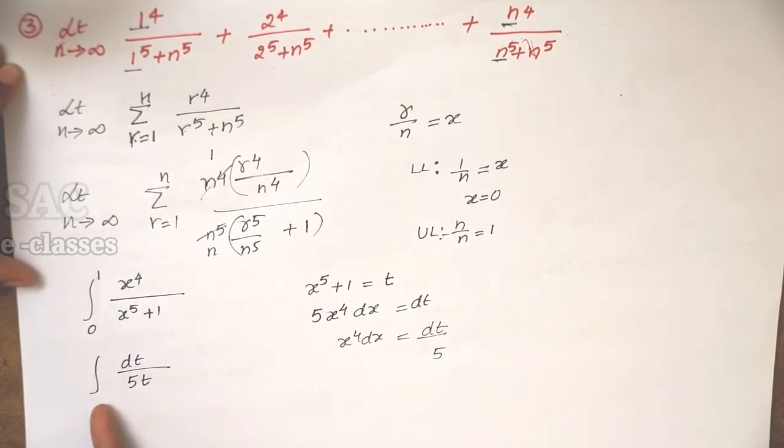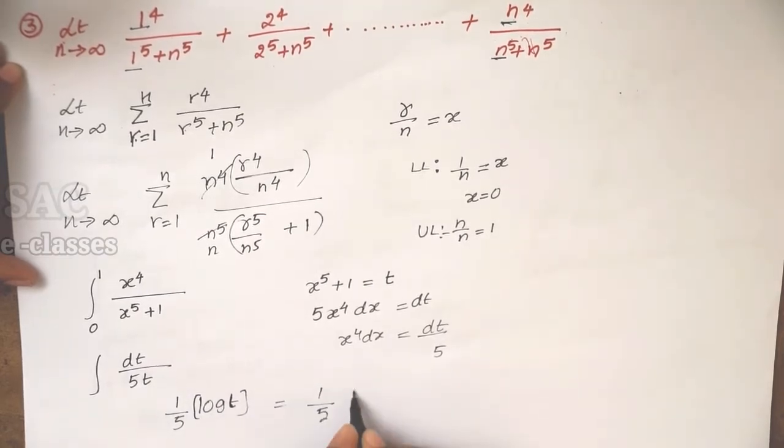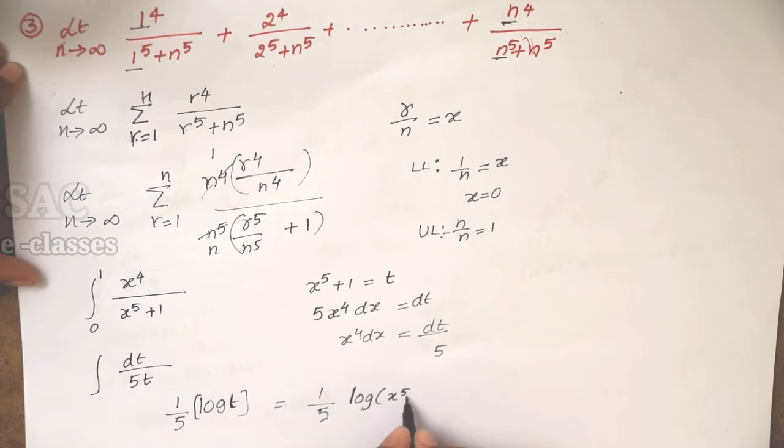But we missed what the limits are. So for finding the limits, then do it normally: 1 by 5 log t. Ignore the limits. Now 1 by 5. Now apply what t means, because it saves time for us. T means x power 5 plus 1.